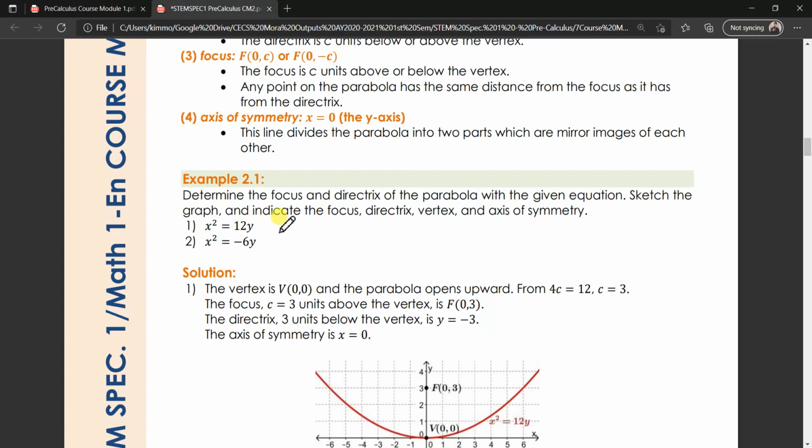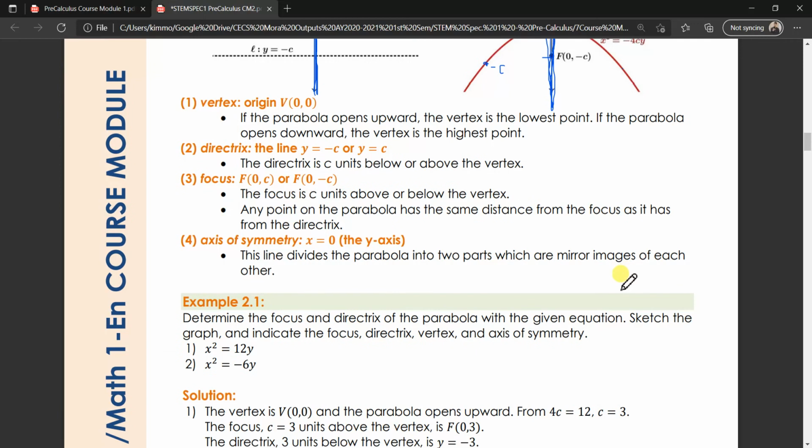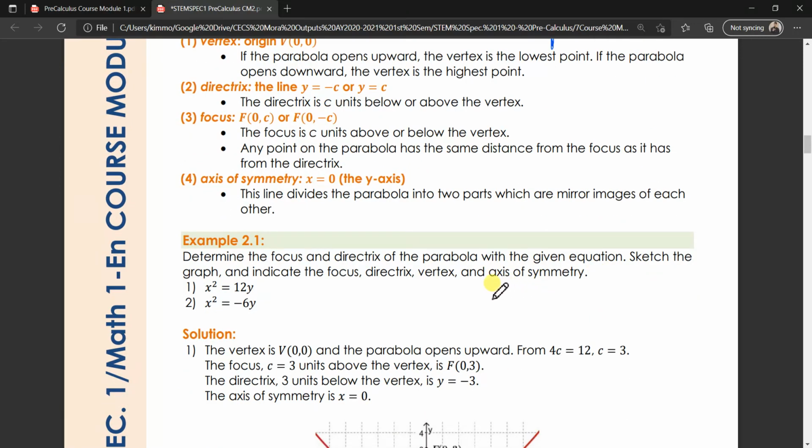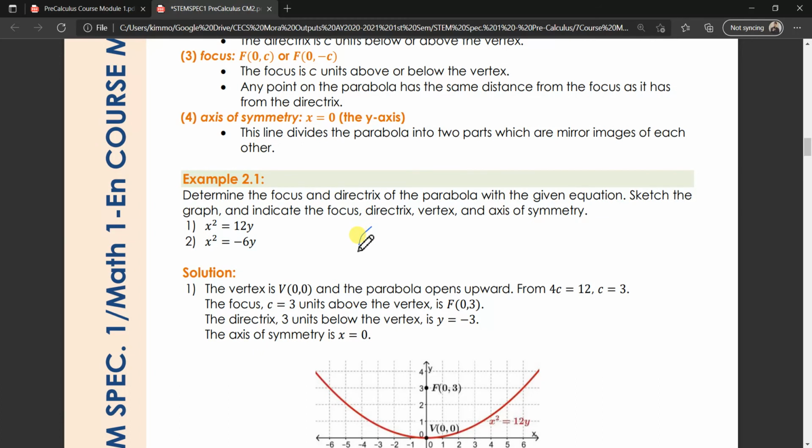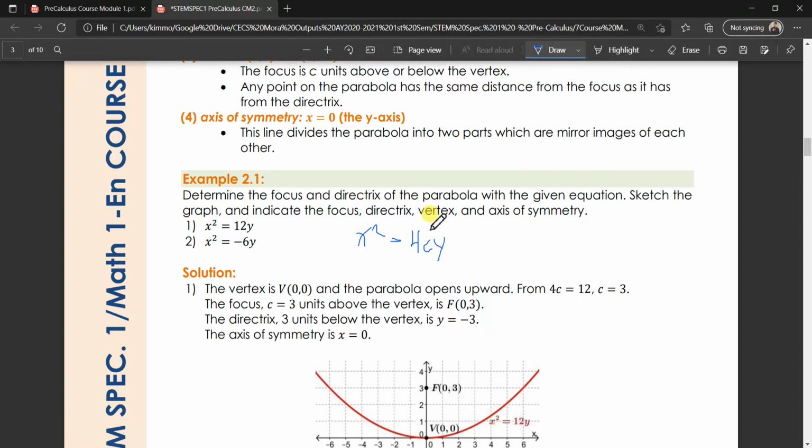Diba? Remember, we have a standard equation of parabola which is located atong vertex at the origin. So we can say, diba, sa atong standard equation, we have x squared is equal to 4cy. So this is our standard equation for parabola opening upward.